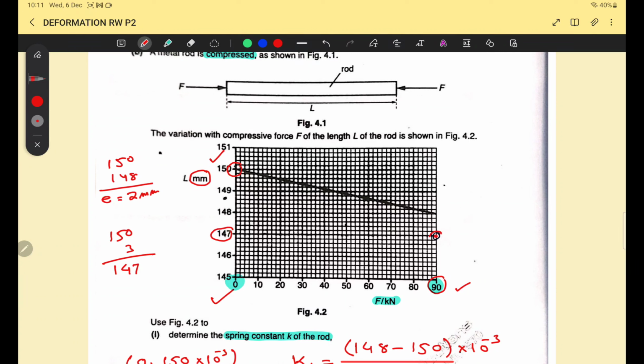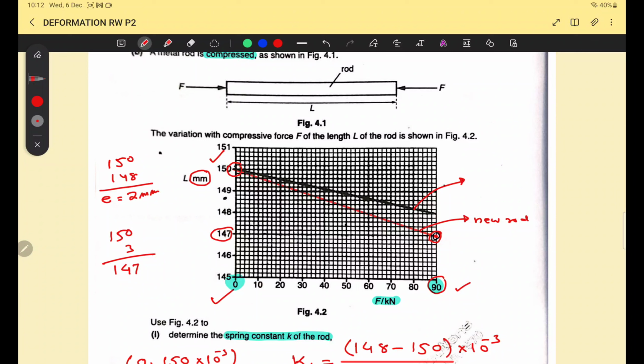So I have marked 147 as the final length, and now I am joining 150 millimeter to 147 millimeter, and this is the graph for the new rod.